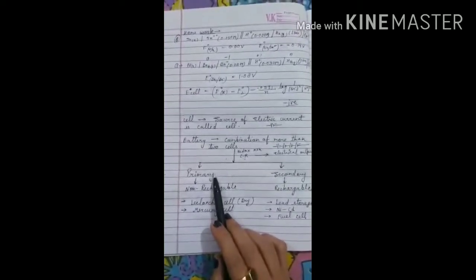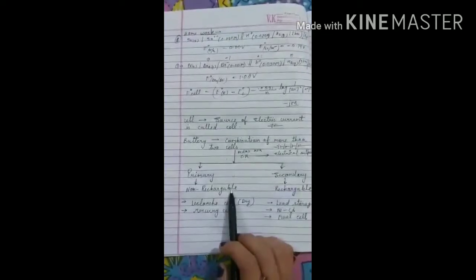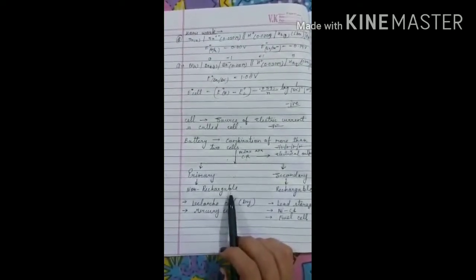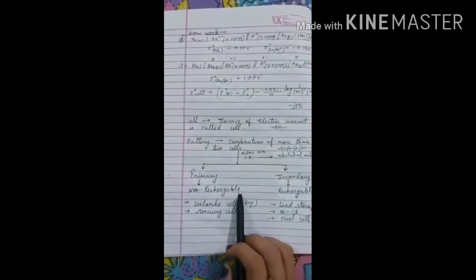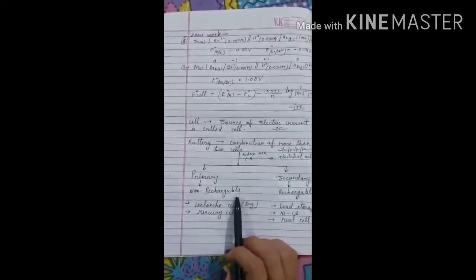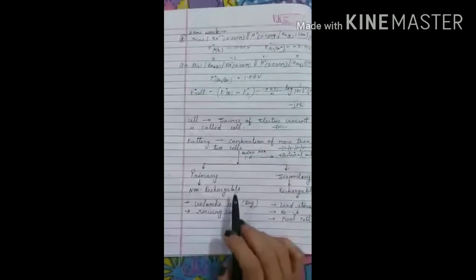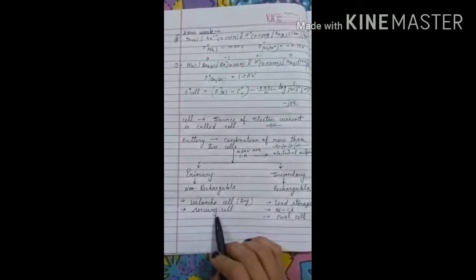Primary batteries are those which are not rechargeable. Not rechargeable means if you use it one time, we cannot repeat it again and again. They will be discharged after a suitable time period. I have written here two examples, Leclanche cell and Mercury cell.